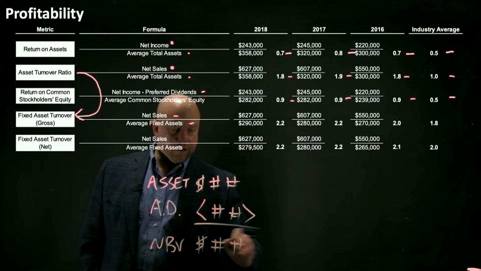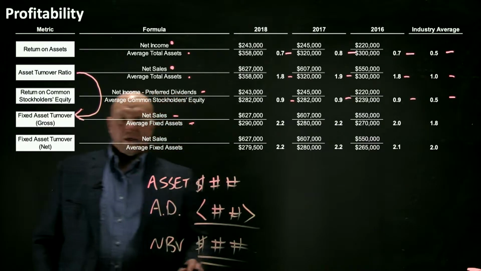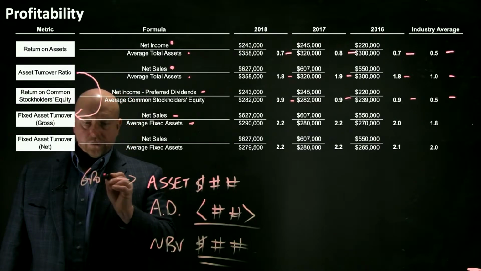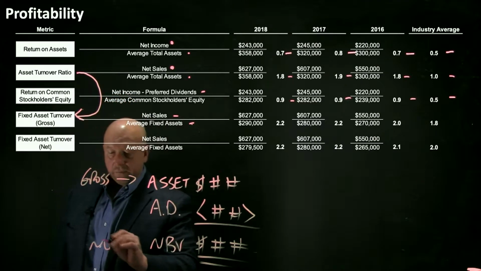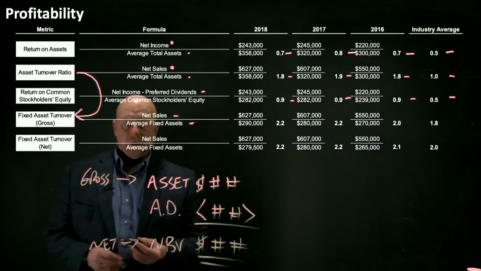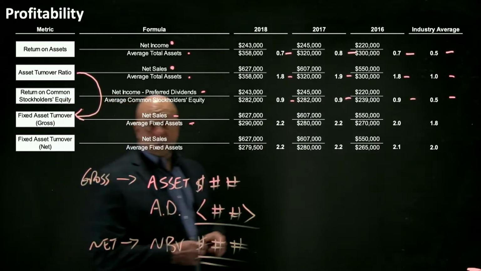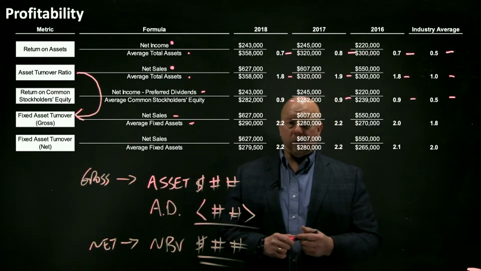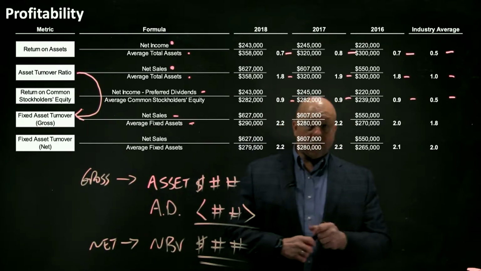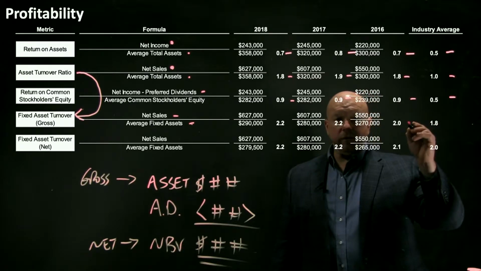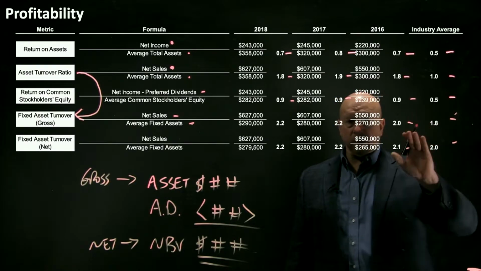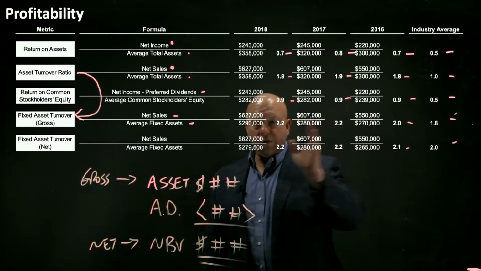So all we're saying with gross versus net, you could calculate it based upon this number, which would be gross, or you could calculate it based upon this number, which would be net. And either one is going to give you information about the profitability of the company as long as you're consistent with the metrics. In this case, both of ours are exceeding the industry average for 2016 and trending in a direction that's even better.